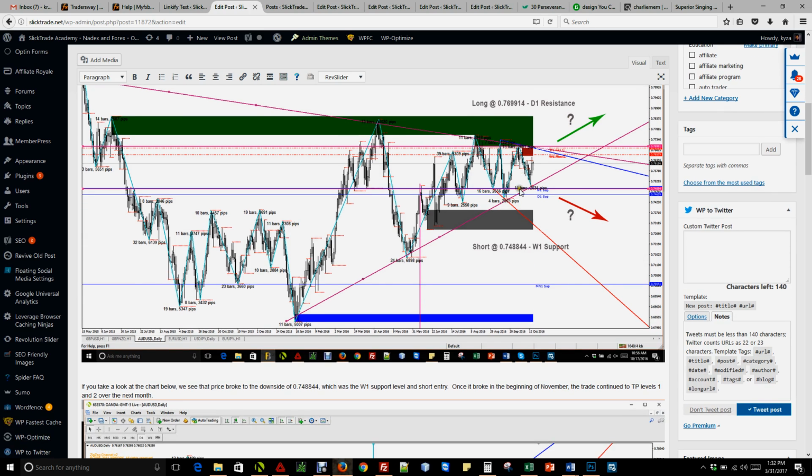The lower support for a short entry was based on the weekly support. If you're a slicktrade member, you know what daily, weekly, and monthly support and resistance levels are from our pure price action template.